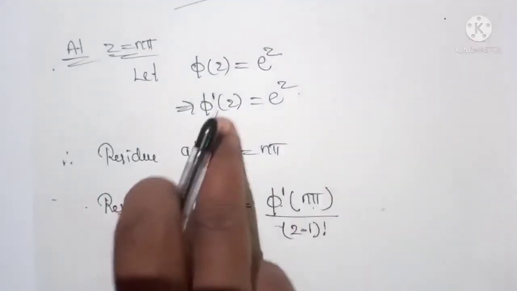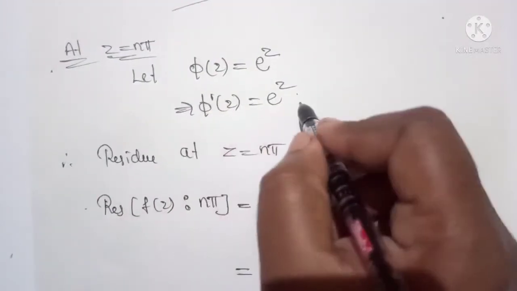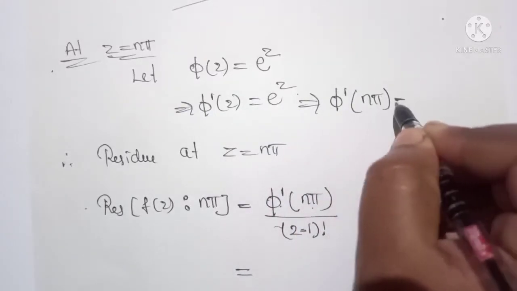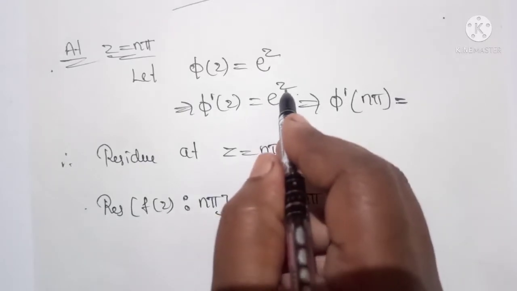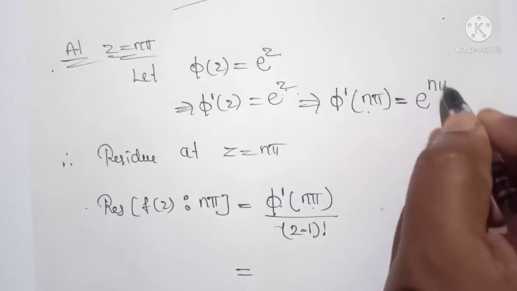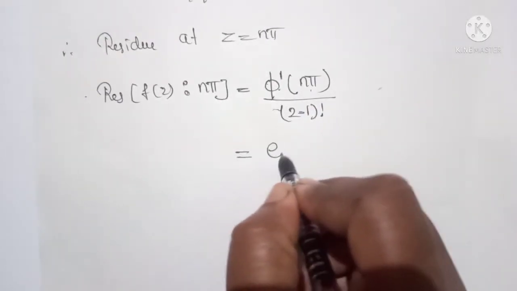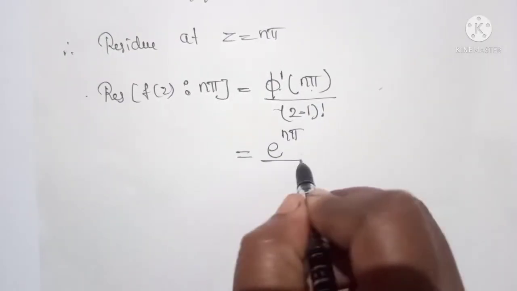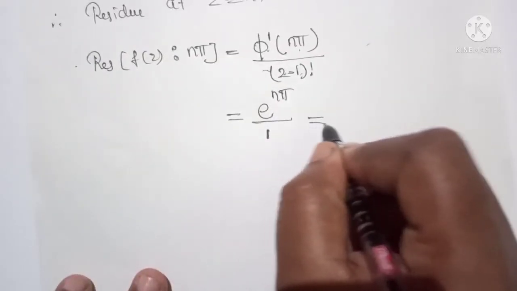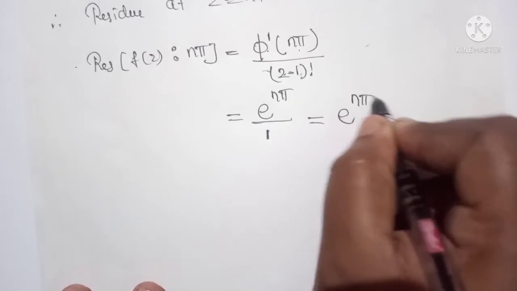We have phi dash of z equals e raised to z, so phi dash of n pi, replacing z by n pi, gives e raised to n pi. Thus it is e raised to n pi divided by 2 minus 1 factorial, which is 1 factorial, which equals e raised to n pi. So this is the required answer.